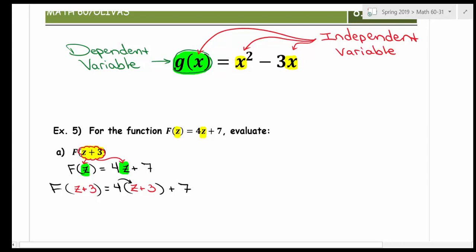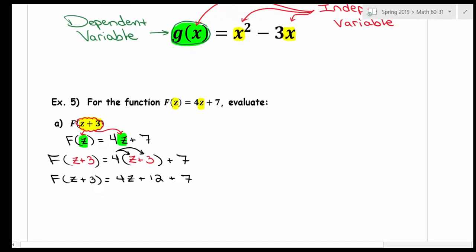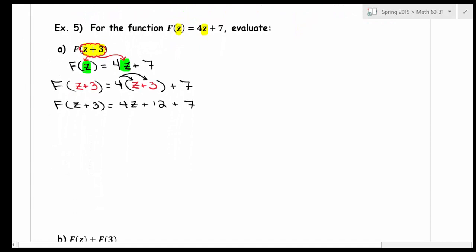Now we're going to simplify a little bit. I'm going to distribute my 4. So this is going to give me 4z plus 12 plus 7. I can combine some like terms here. I can combine the 12 and the 7, and that's going to give me 19.